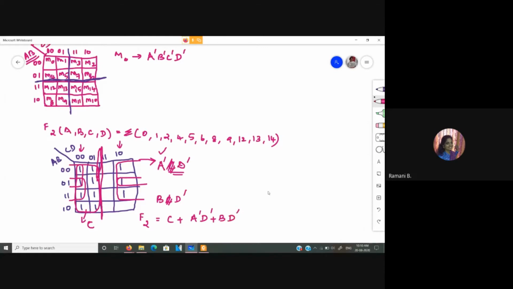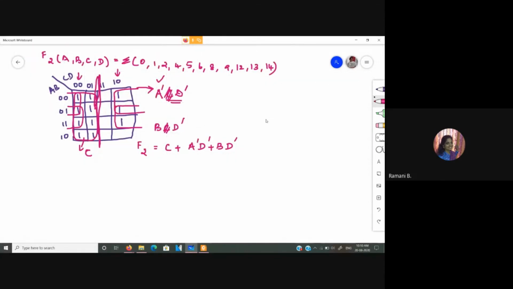Okay, we can try this using the whole Boolean expression as such. So you are having 0: A bar, B bar, C bar, D bar. 1: A bar, B bar, C bar, D. 2: A bar, B bar, C, D bar. Then 4. Oh, sorry, I made a mistake here.